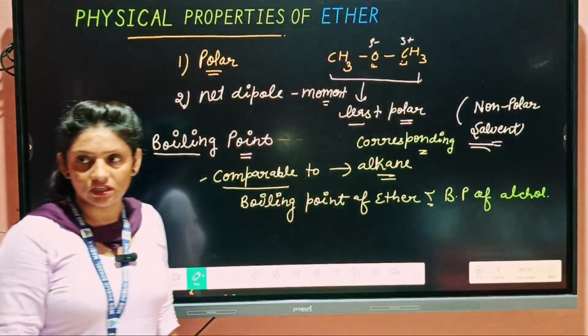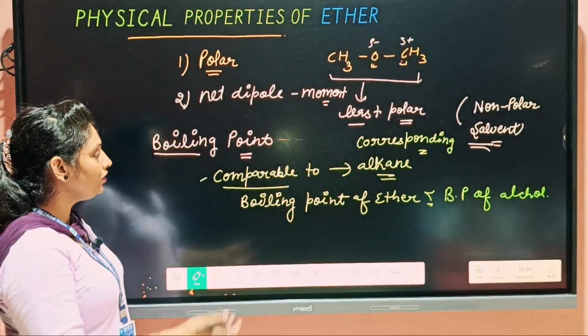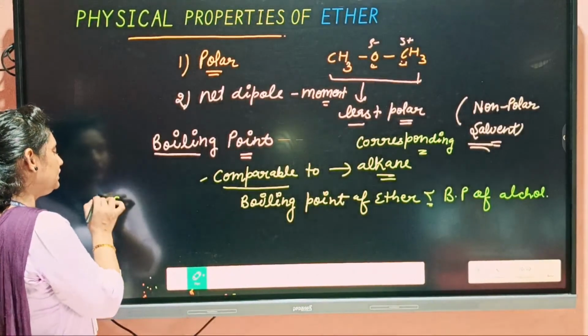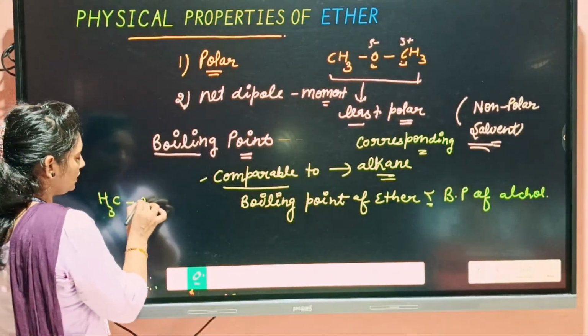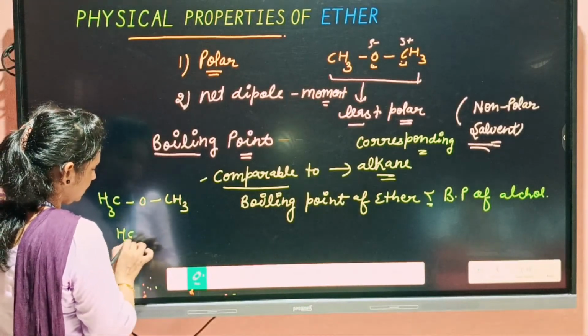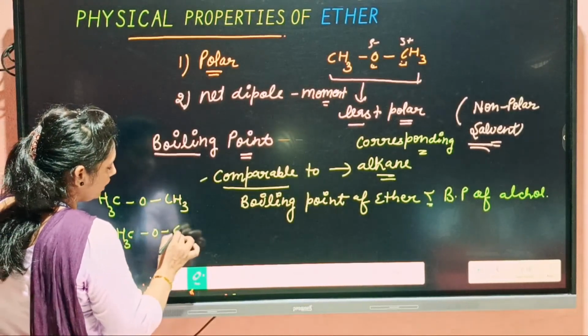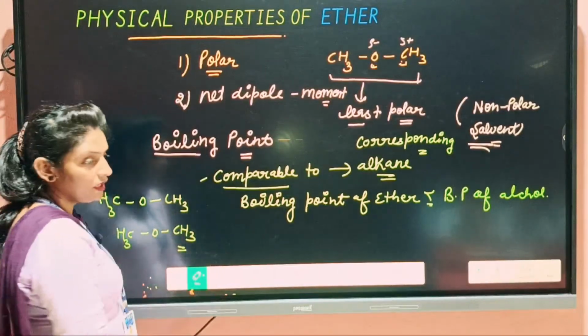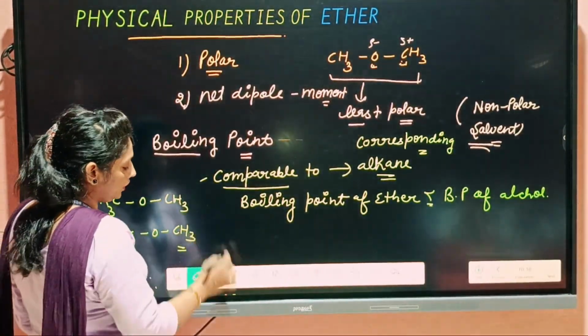Why is it so? Because ether molecules do not form hydrogen bonding. They have some dipole interaction only.